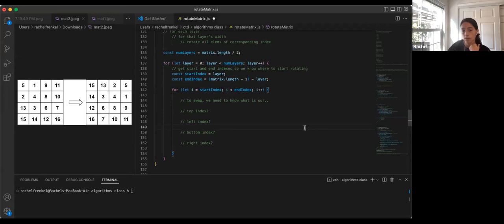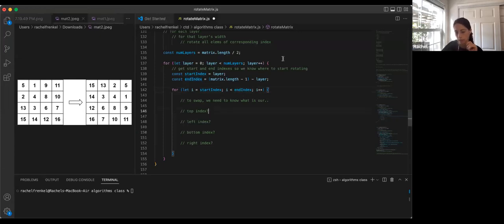Okay. So now in order to make that swap, we now have the layer and we have our starting and ending index. Here it's going to start at 0, it's going to end at 3. So while i is less than 3, that'll get us from 5, 1, and 9. We need to now swap the top side of this, and then the right side, and the bottom, and the left.